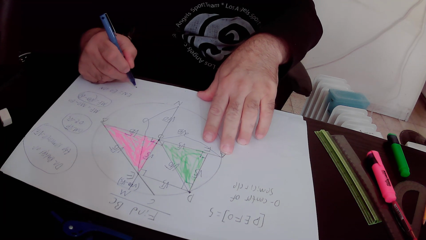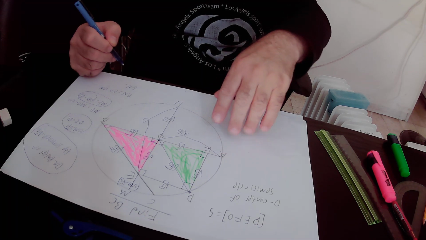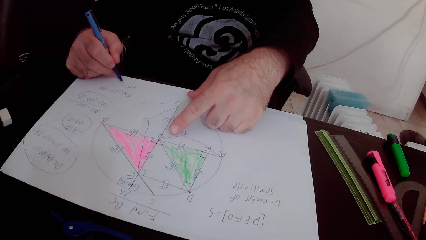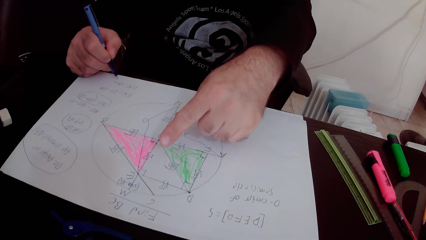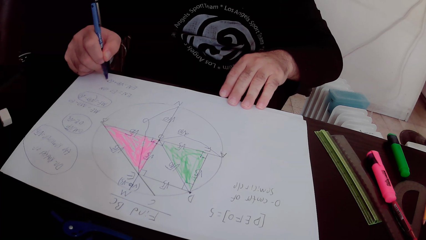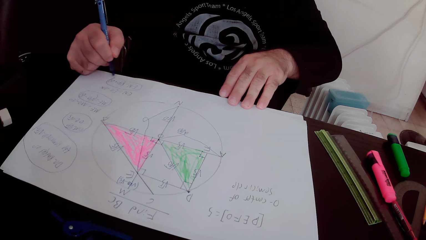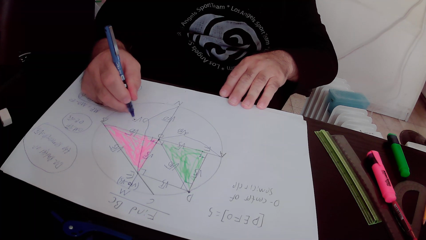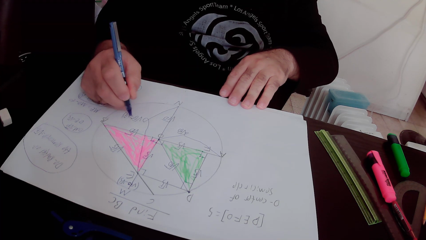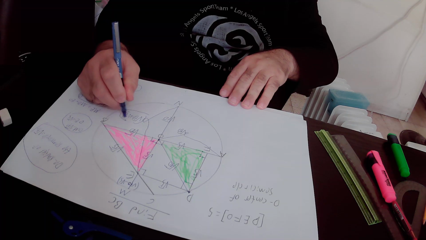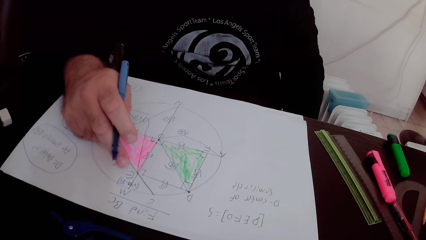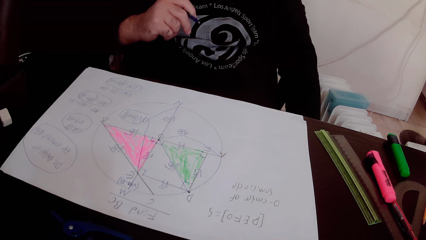That is to say, EN equals ON, that is the square root of 10 units, plus EO, that is the square root of 5 units. In conclusion, EN equals the square root of 10 units plus the square root of 5 units. Okay? And ME equals the square root of 10 units minus the square root of 5 units.